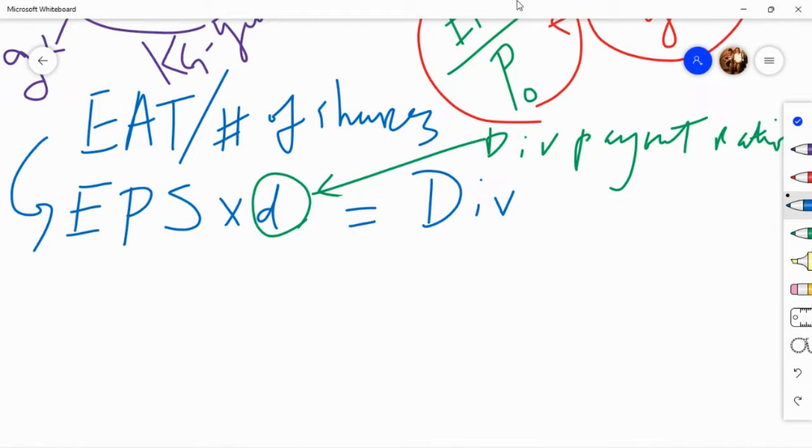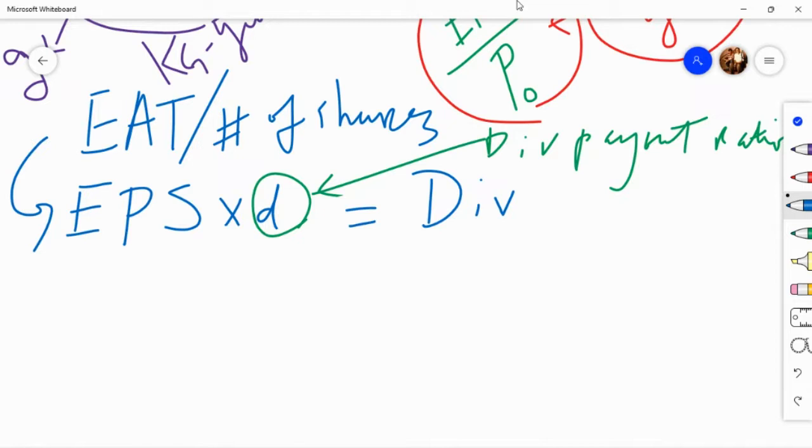So, theoretically, the dividend will go up or down with the earnings, right? If the earnings go up, EAT goes up. Even if they use a 10% or 20% dividend payout ratio, the payout ratio is relatively constant. So if the profit goes up, the dividend will go up.